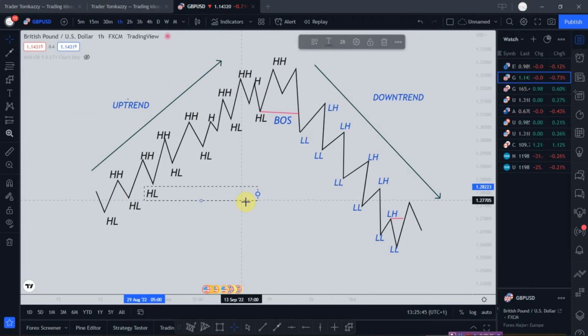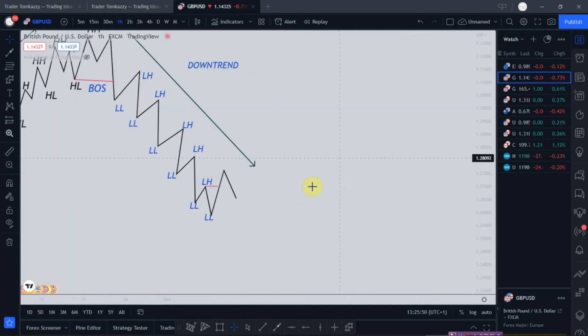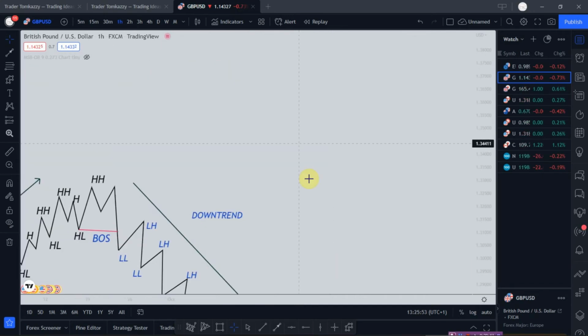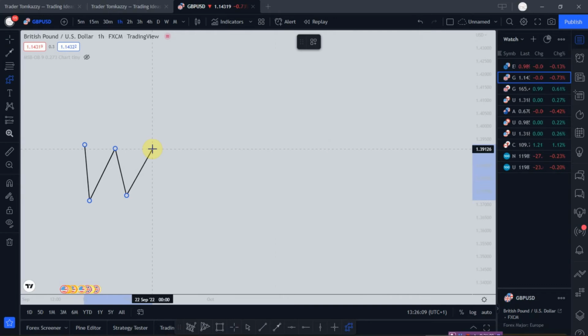Now let's move to the third type of market structure. Now, when the market is forming equal highs and equal lows, something like this, the market is actually not moving in any direction.